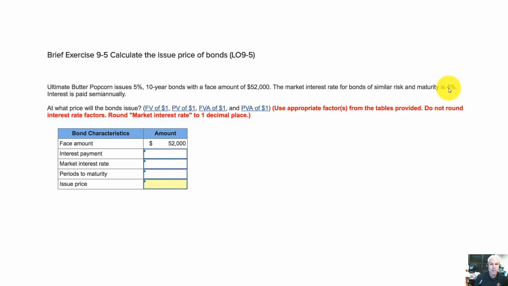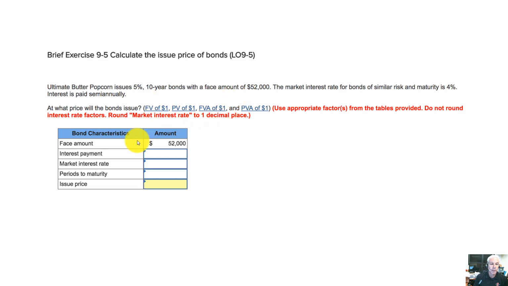So now the market rate is below the coupon stated rate. So now we're going to discount always using this market rate, which means less discounting, which means this is going to price above face value, above $52,000. What is the interest payment going to be? Principal, 52, times interest rate. Always use the stated rate for interest, okay? 5% times 6/12, or 1/2, right?